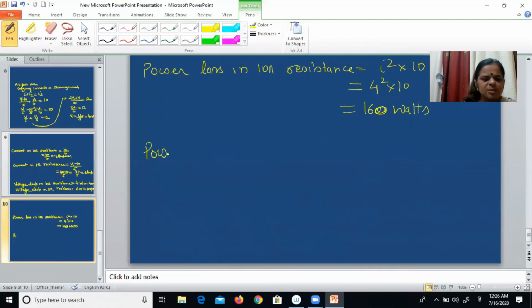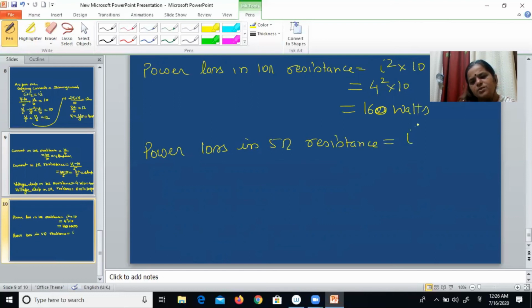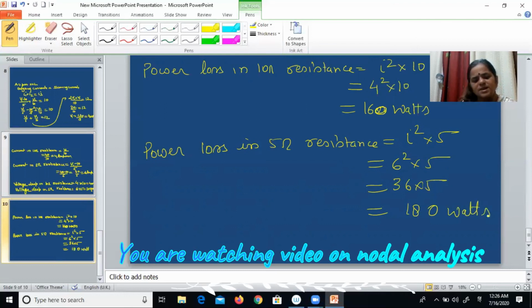Suppose the question is power loss in 5 ohm resistance. So what is that? I square into 5. What is I square? 6 square into 5, so 36 into 5, 180 watts. That's the answer.